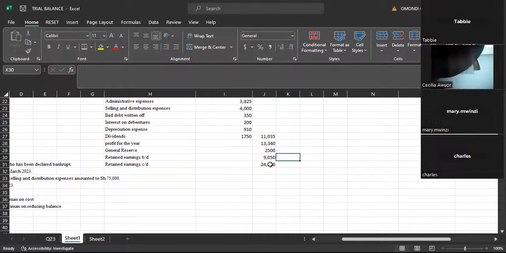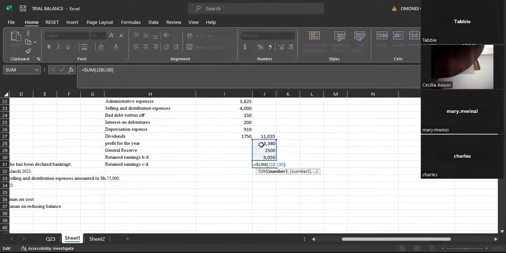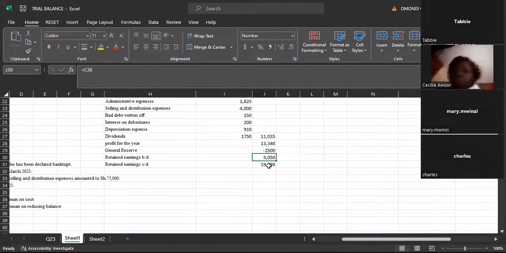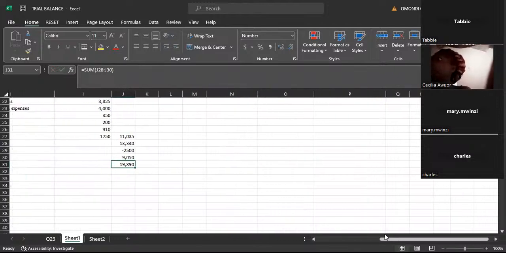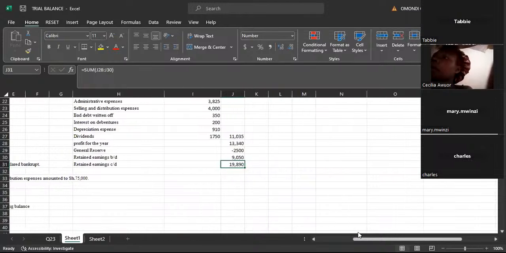Of course, it reduces the profit for the year that we're going to transfer there. So what we can do is basically indicate a negative there. Then we'll take good care of this value here. So once that is done, we can now move very fast to prepare our statement of financial position.